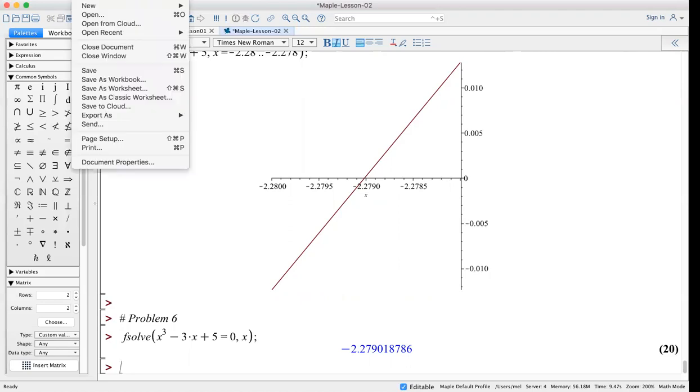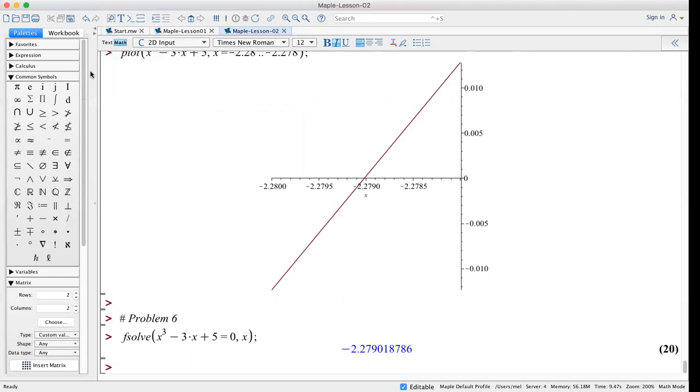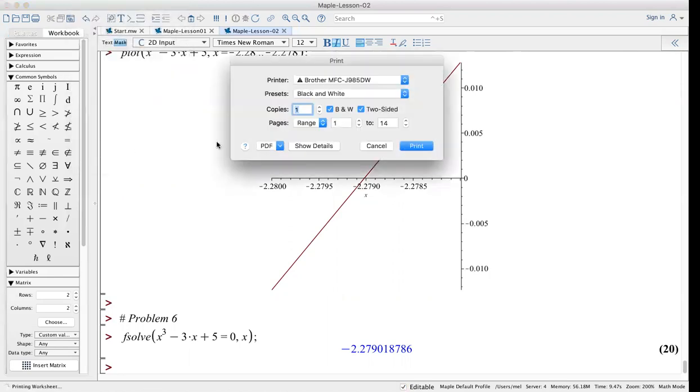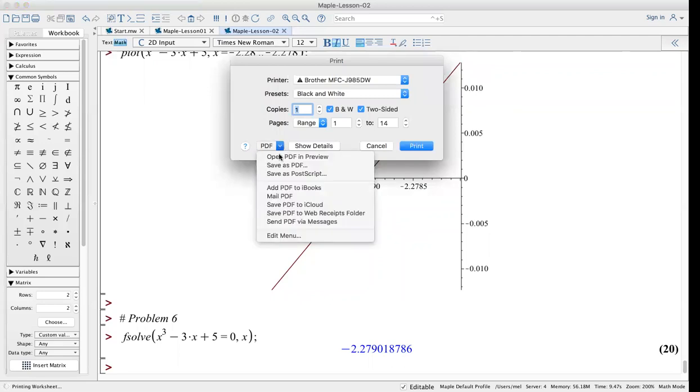And again, let me save it. This is saving it as a worksheet. But I also want to save it as a PDF file. So I go to File, Print, go to PDF on the print menu, click on PDF, and what I want to do is save as PDF.